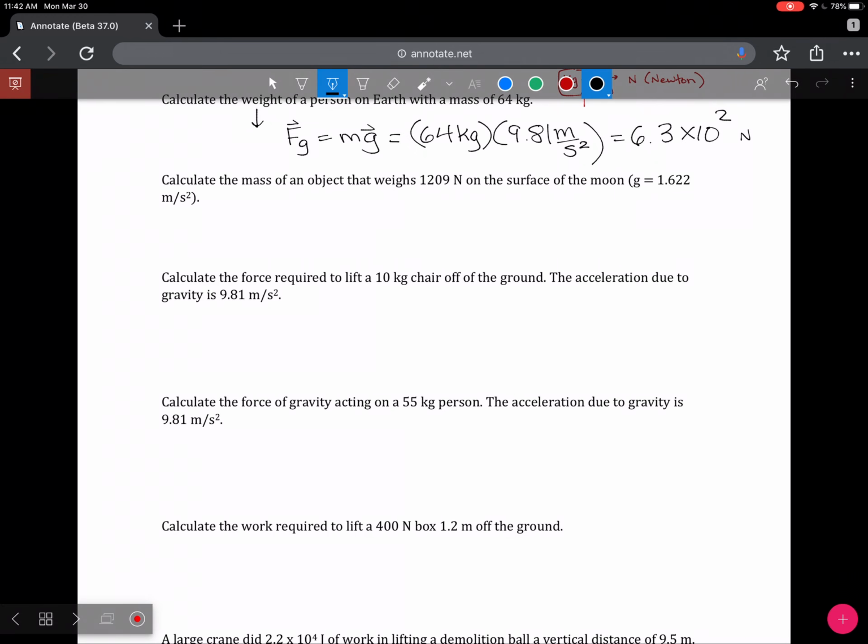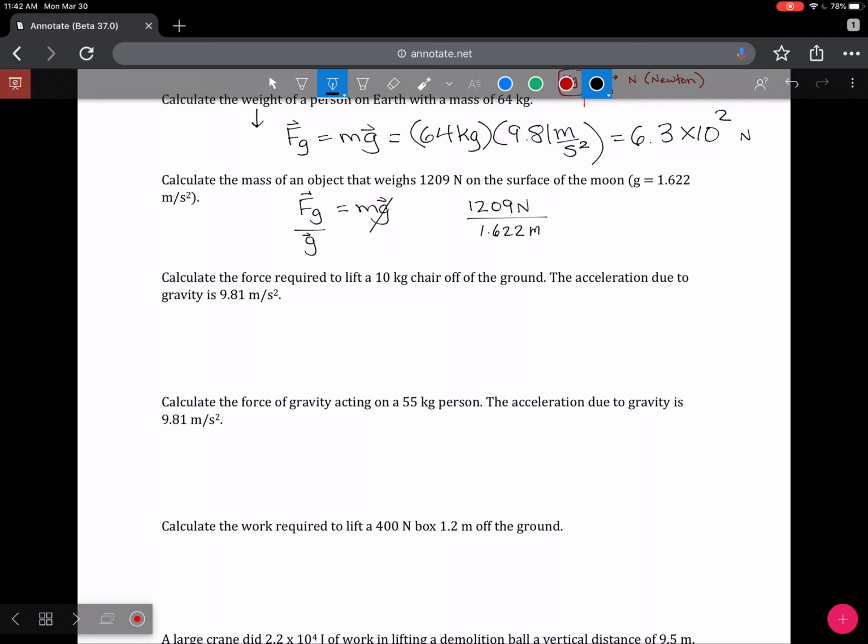Alright, so if we're asked to calculate the mass of an object that has this weight on the surface of the moon given this g value, then all we have to do is use our formula. Solving for mass, we just have to divide out g. And the weight of an object is its number of newtons. And on the moon, because the moon is a smaller planet, its value for g is smaller.